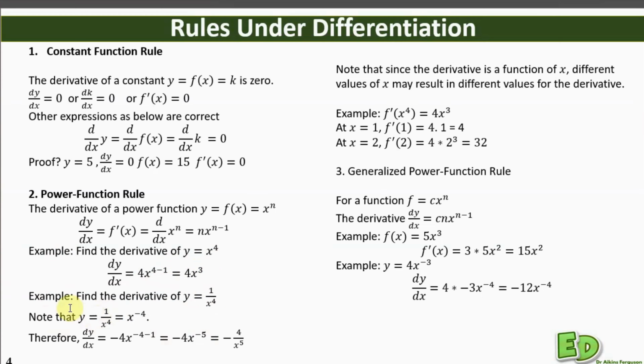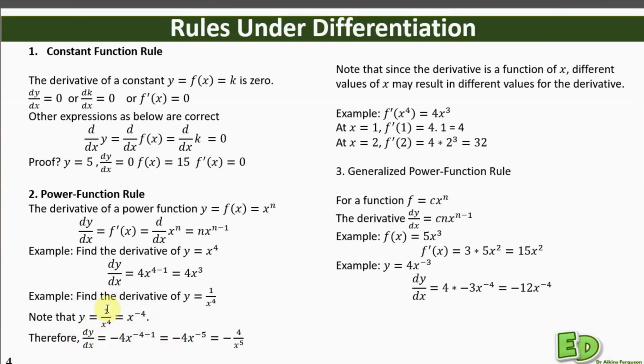Note that y is equal to 1 over x to the fourth is equal to x to the power minus 4, right? Indices, isn't it? This has a power of 4, which is a positive value. If you rewrite this function, x to the power 4 comes up here, then the power becomes a negative value. So it is x to the power of negative 4.